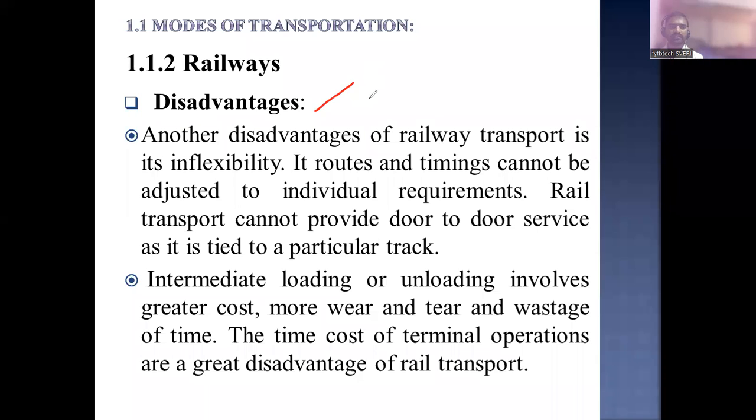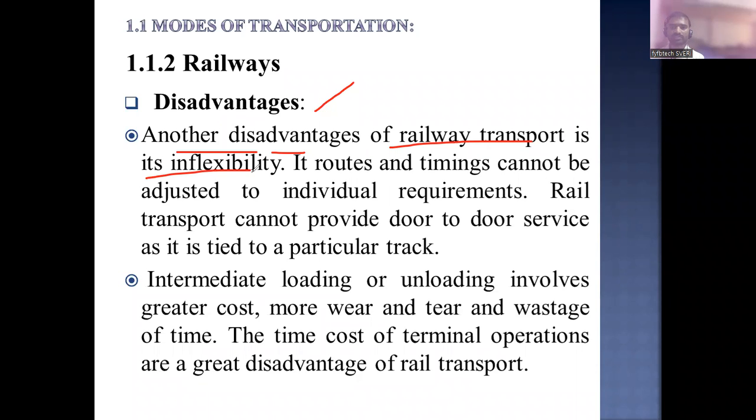Another disadvantage of railway transport is its inflexibility. Once you have laid the railway track, you cannot change it. Correct? Are you getting the difference between rigid and flexible? Rigid means you cannot change. Flexible means you can change.